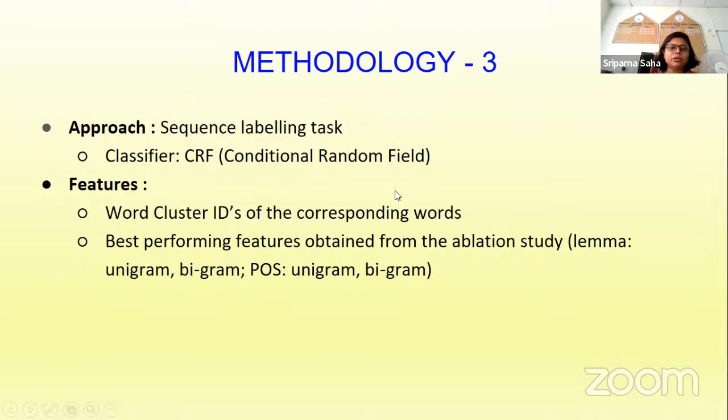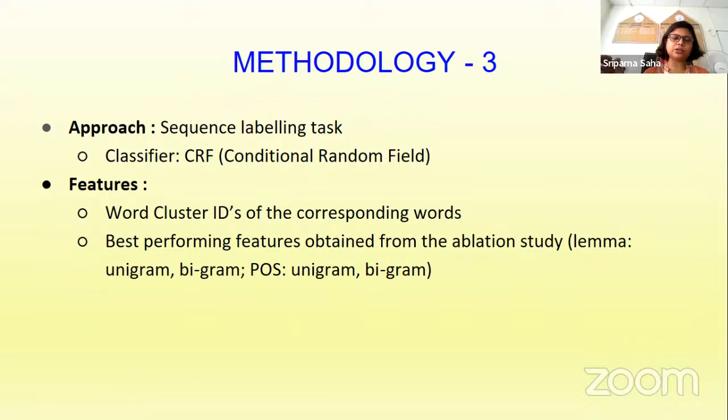In the third methodology, we again have the CRF classifier, but we are clustering the word vectors. Each word has a vector representation, and now we apply clustering to these word embeddings.